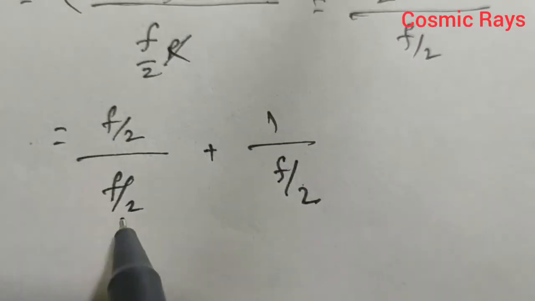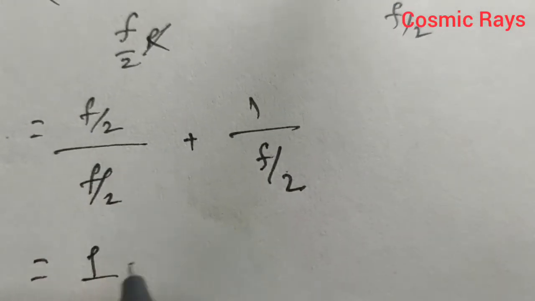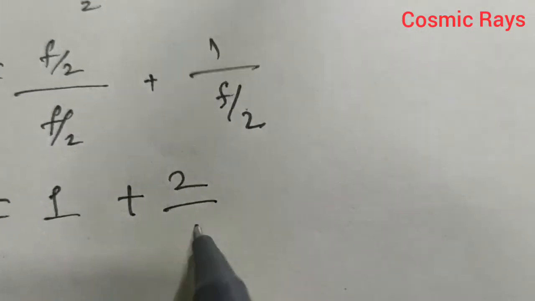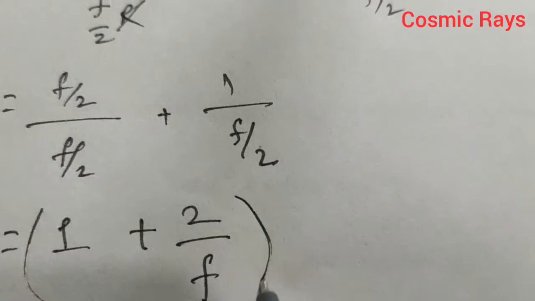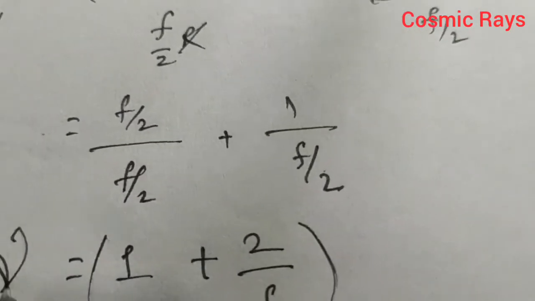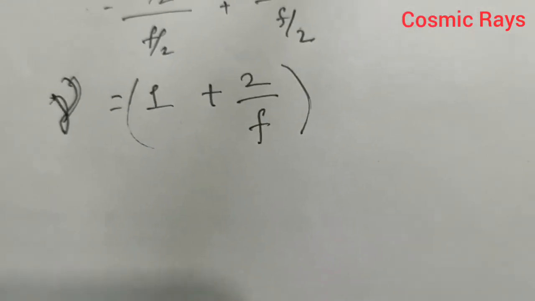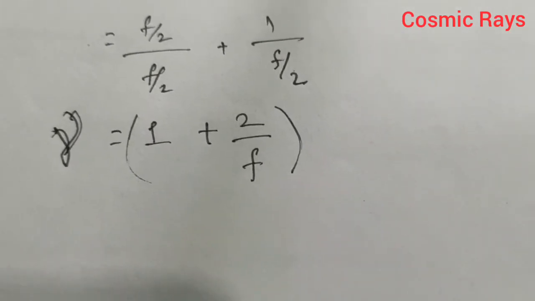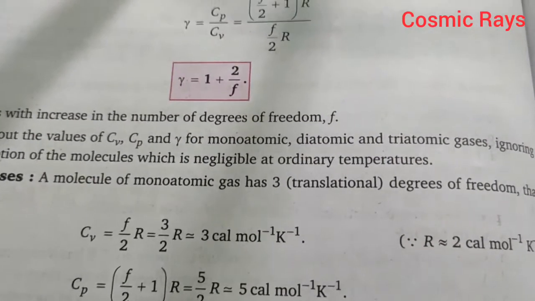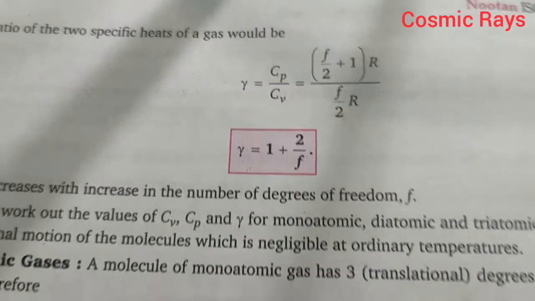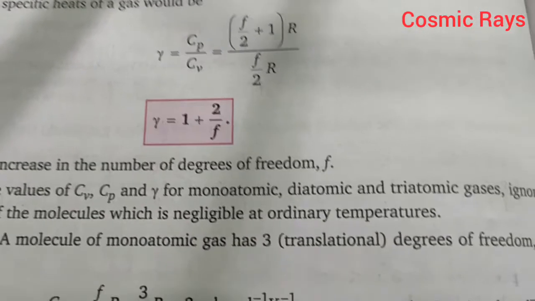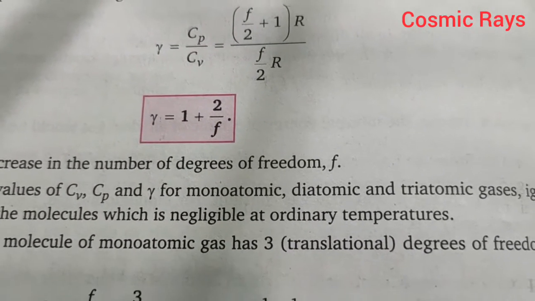So f by 2 and f by 2 will cancel out and we will have 1 plus, here the 2 will go up and f will be in the denominator. So the gamma or Cp upon Cv is equal to 1 plus 2 by f. This is what they have written here. Now this is the ratio of Cp upon Cv or gamma.